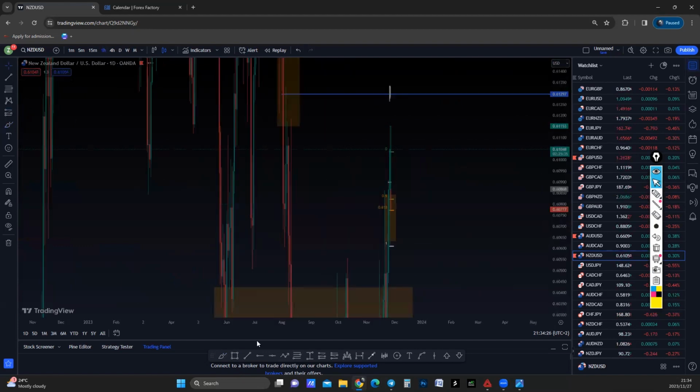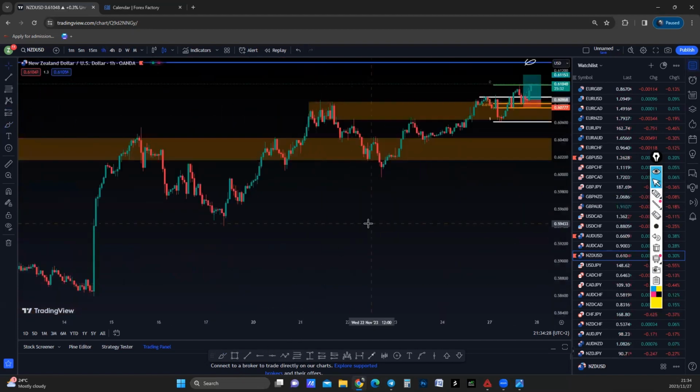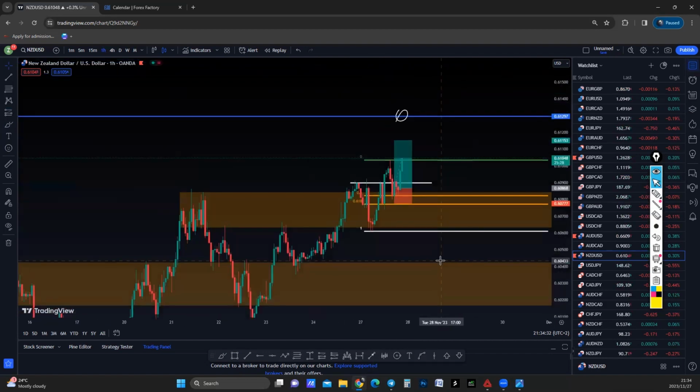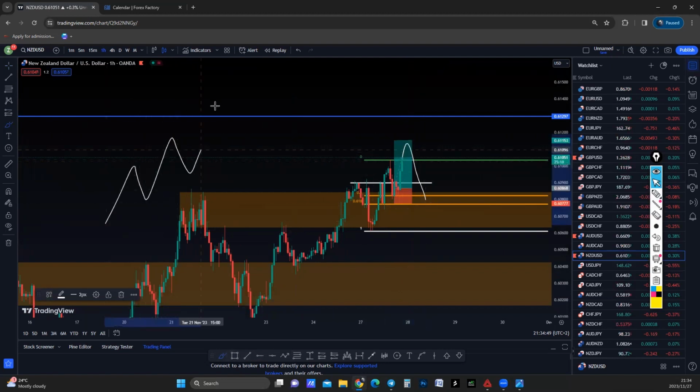But if we just look at the time now, the market is about to close. New York session is about to close, and then Asian session is going to take over. So in the Asian session, there is a possibility that the market is going to reverse, because the market moves in waves like this.